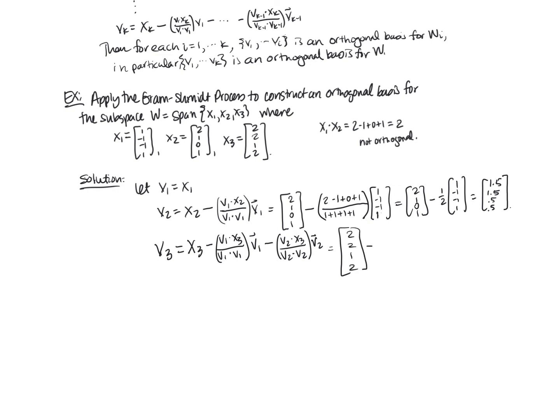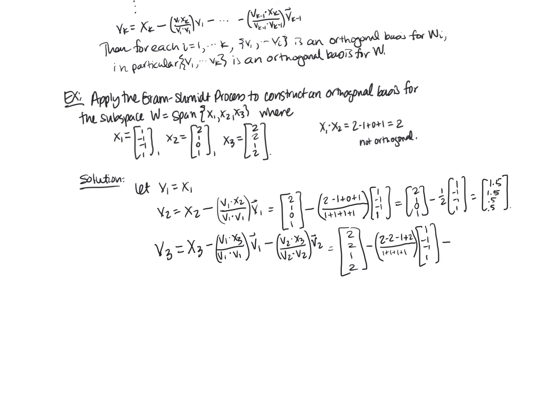And I want to subtract off, if I do v1 dot x3, so v1 is that guy, dot x3, I'm going to get 2 plus 2 minus 2 minus 1 plus 2, over v1 dot v1, which again is 4, 1 plus 1 plus 1 plus 1. And then that is multiplied by v1, which is 1, minus 1, minus 1, 1.